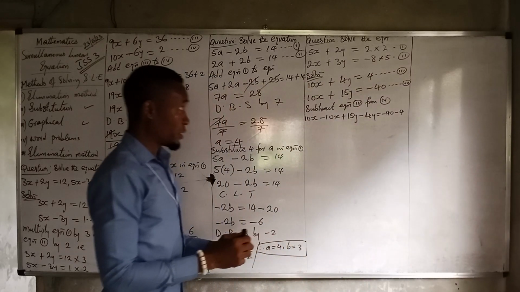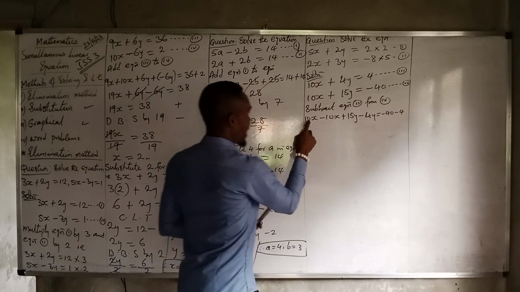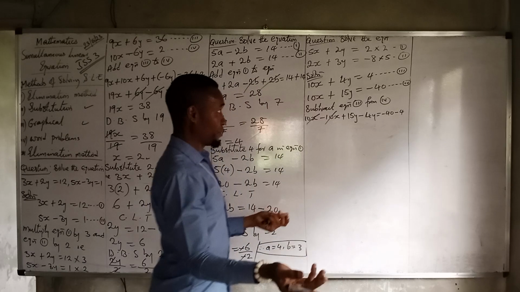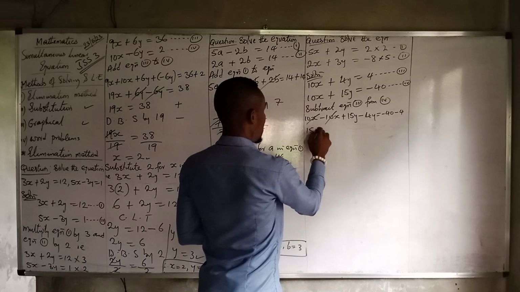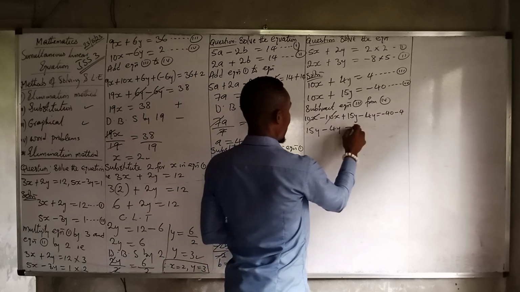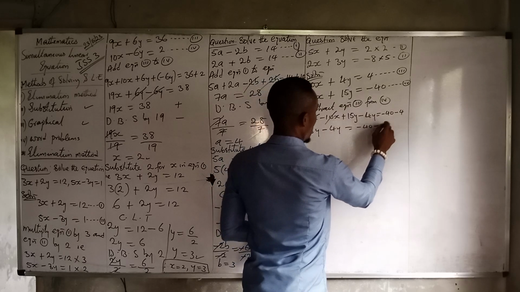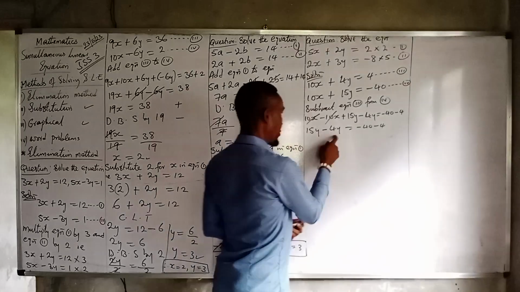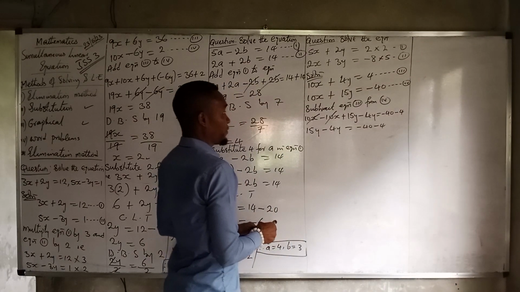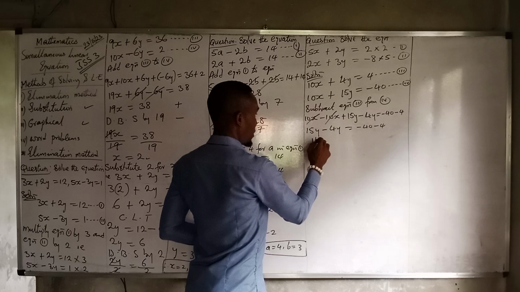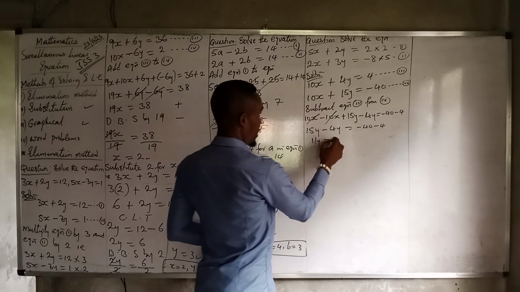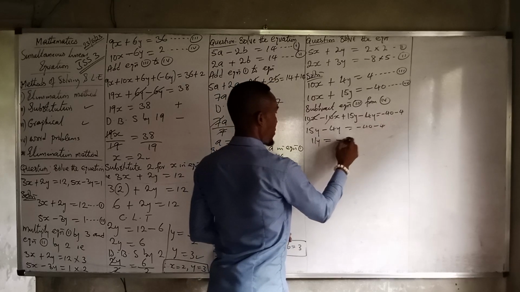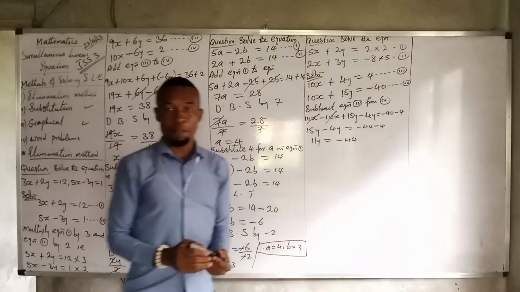So 10x minus 10x is 0, so it has gone out. I'm left with 15y minus 4y equals minus 4, so 15y minus 4y gives us 11y, equals minus 40 minus 4, which gives us minus 44.